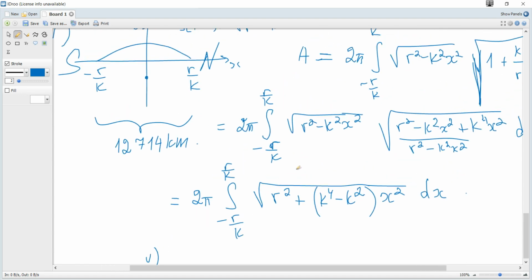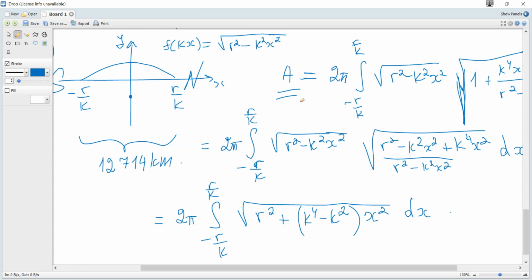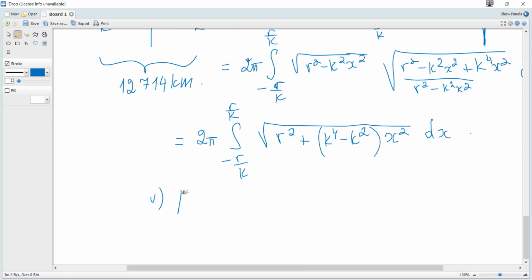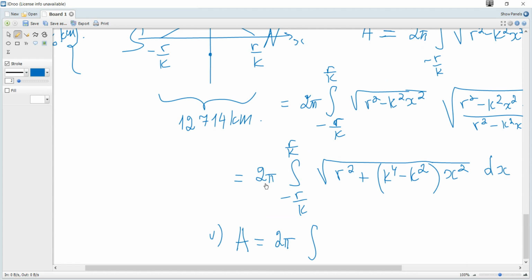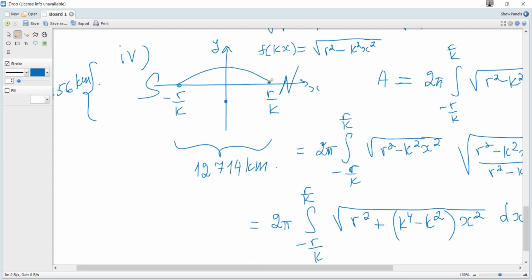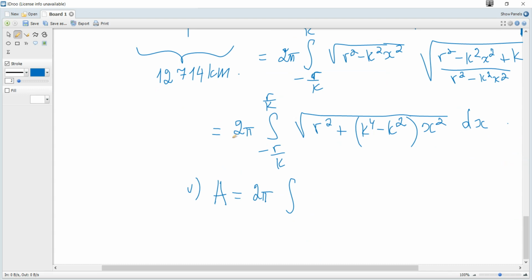So we need to calculate this integral, and it becomes 2π integral from this point to this point, and we can see that r over k is half of this value, so it's from negative 6357 to 6357.